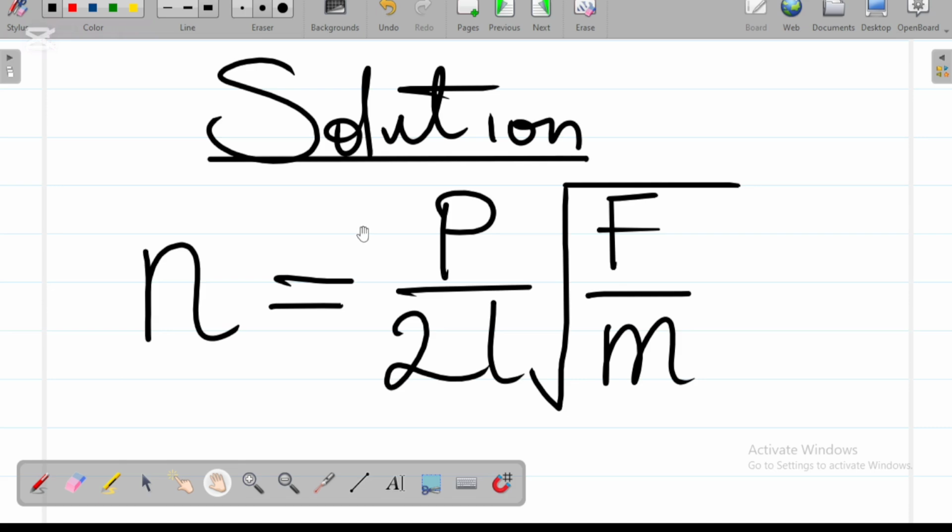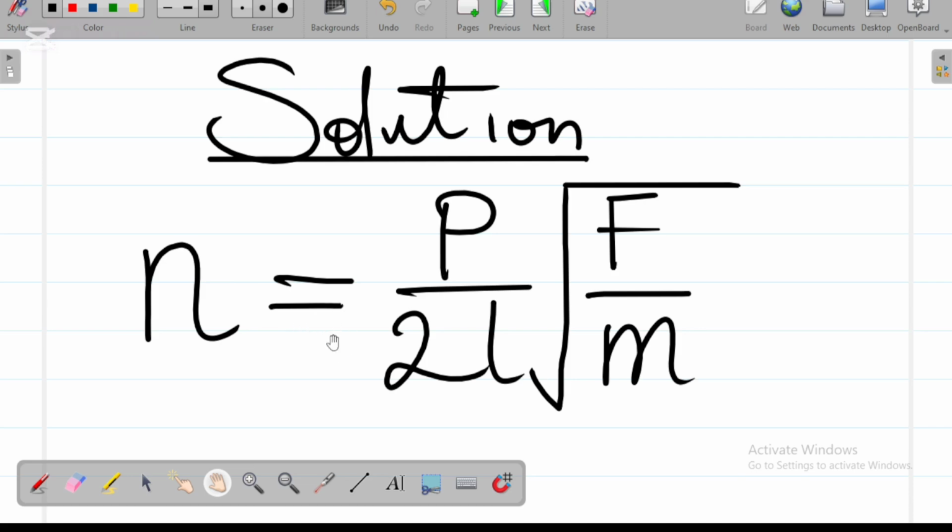Kindly ignore numbers, ignore constants, and ignore coefficients because they are dimensionless. I'll repeat. When performing dimensional analysis, kindly ignore numbers, ignore constants, and ignore coefficients.